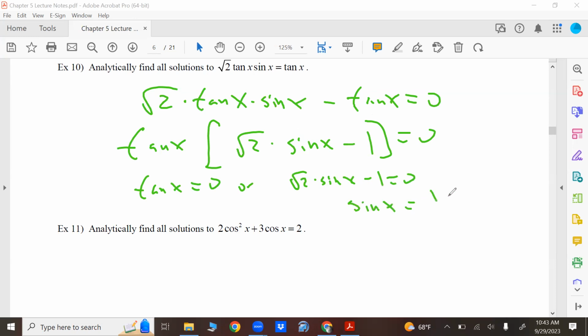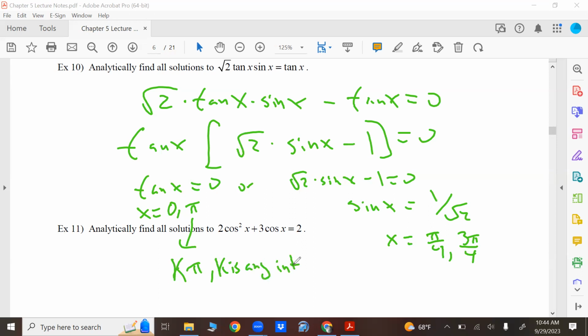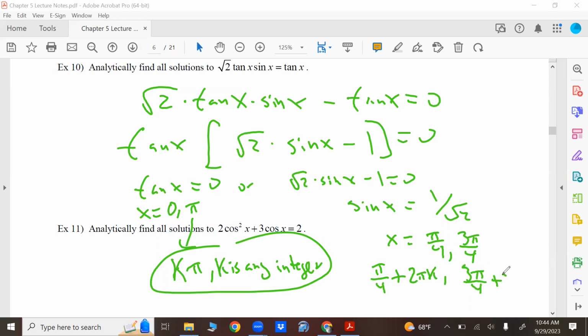I think cosine squared x. Cosine squared is 1 minus sine squared.